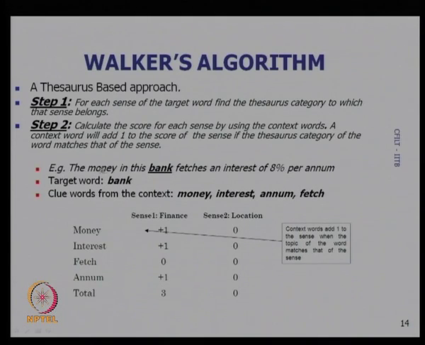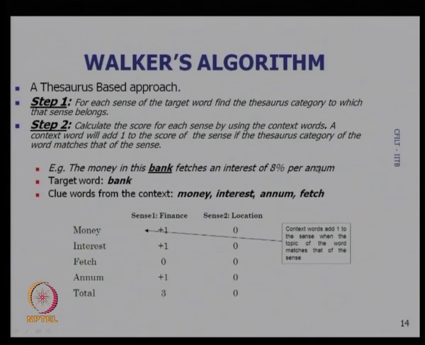Now, what does common sense tell us? We see that in this sentence there are many words which relate to the financial domain. Money, for example, is the first word which does that. Fetches and interest. Interest is again an ambiguous word, and one of its senses is in the financial domain. 8% per annum.